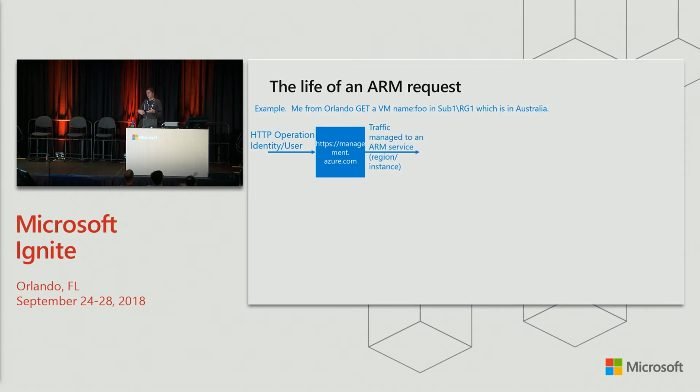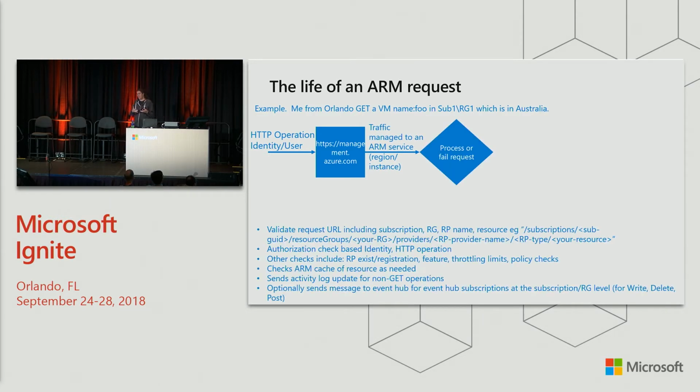And then after that gets transferred to that front door instance, it has to make a bunch of decisions on that request. It processes the request. It looks at: is that subscription valid? Is that resource group valid? Does that resource provider even exist in this case, the public Azure instance? Is it a real resource provider? Is it a real type that resource provider exposes?